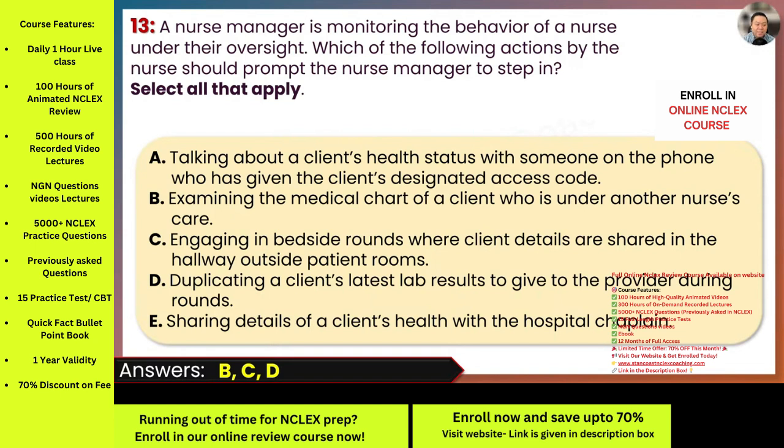Now, why is letter E incorrect? Why? It says here, sharing details of a client's health with a hospital chaplain. Well, just because someone is a hospital chaplain doesn't mean they automatically have a right to protected health information. Patient health information can only be shared with individuals directly involved in the care, such as doctors, nurses, or authorized family members.